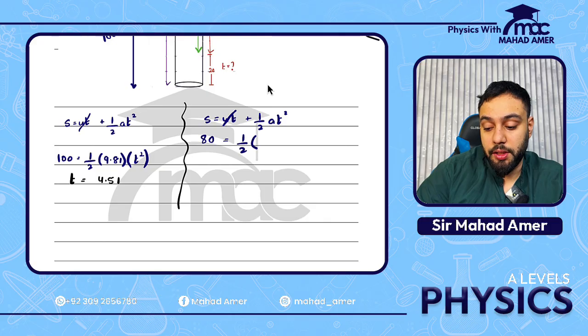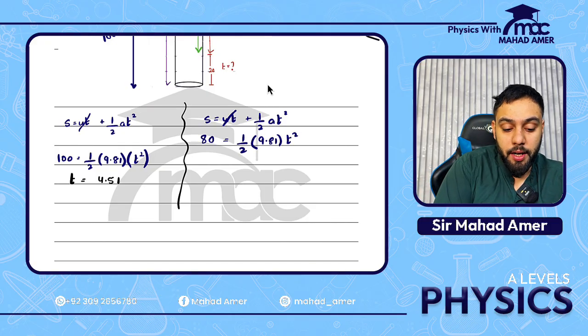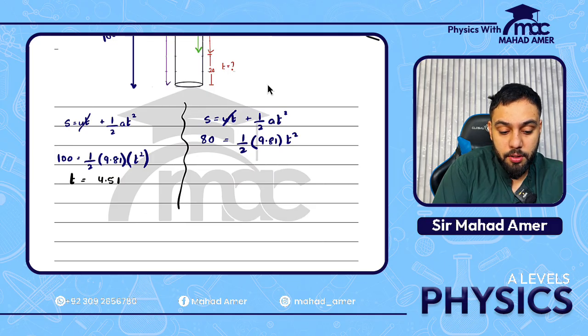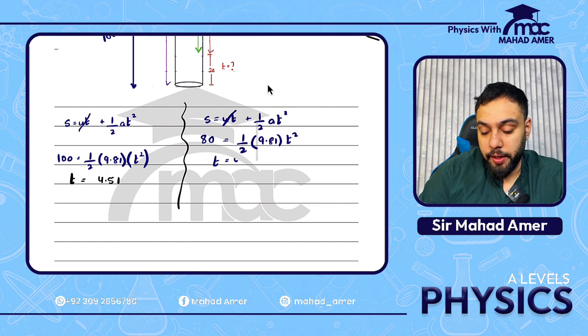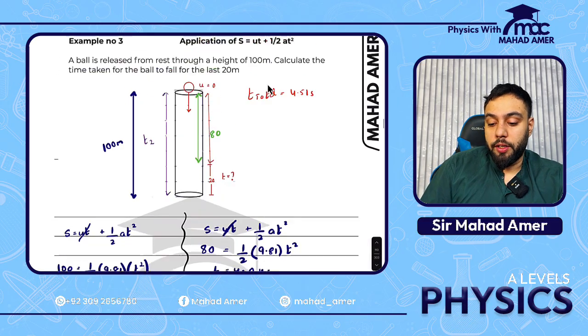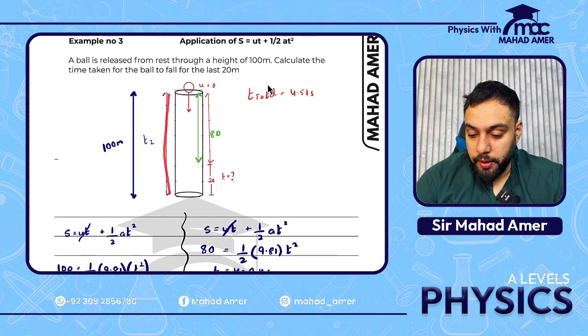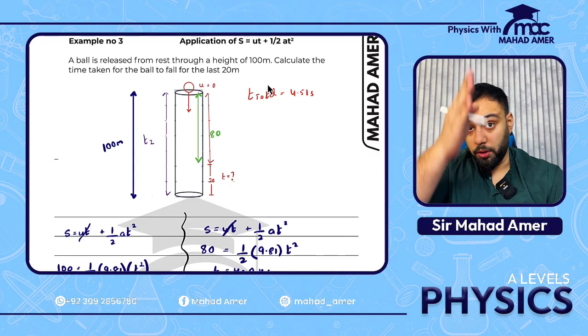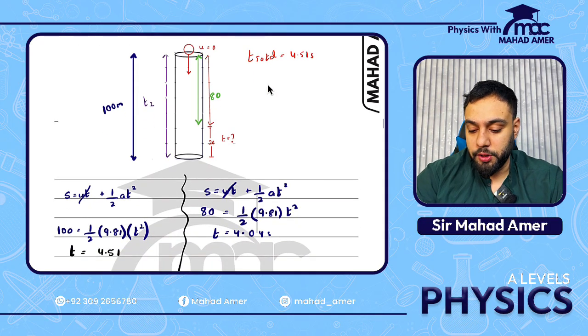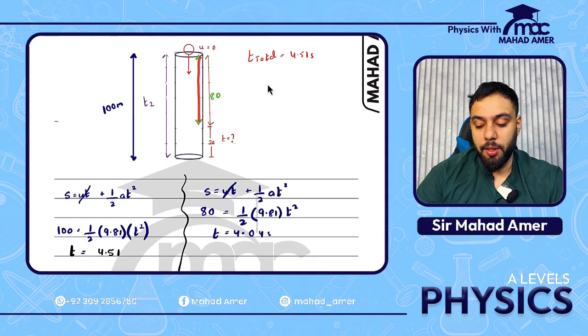Half acceleration, again under the influence of gravity, so 9.81. From there, I can calculate the time. This time would be 4.04 seconds. So it took the ball 4.51 seconds to do the whole thing, and then it took the ball 4.04 seconds to do the first 80 meters.